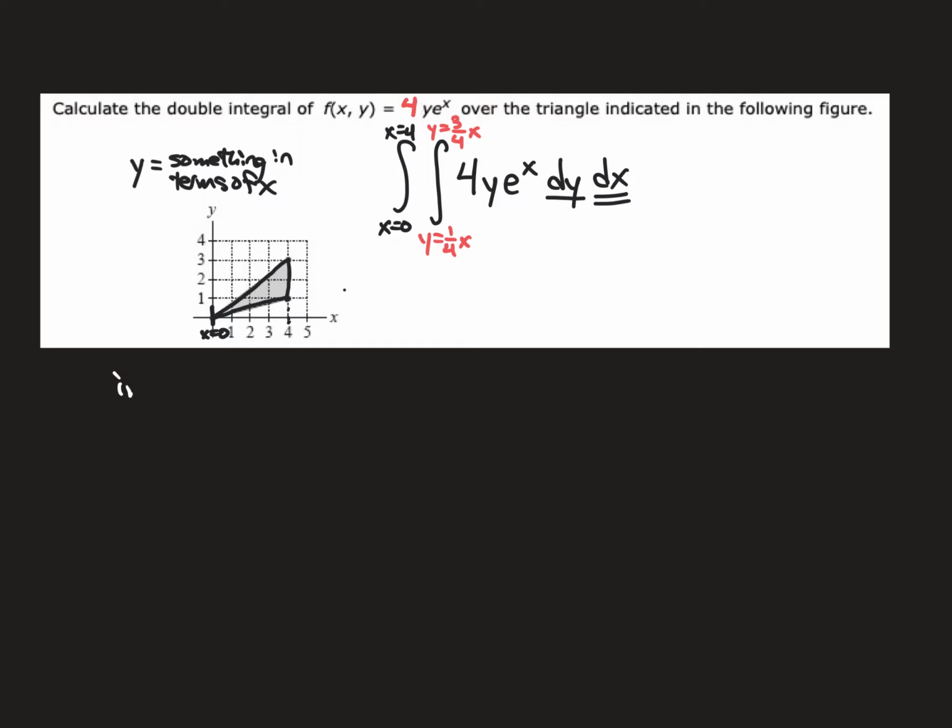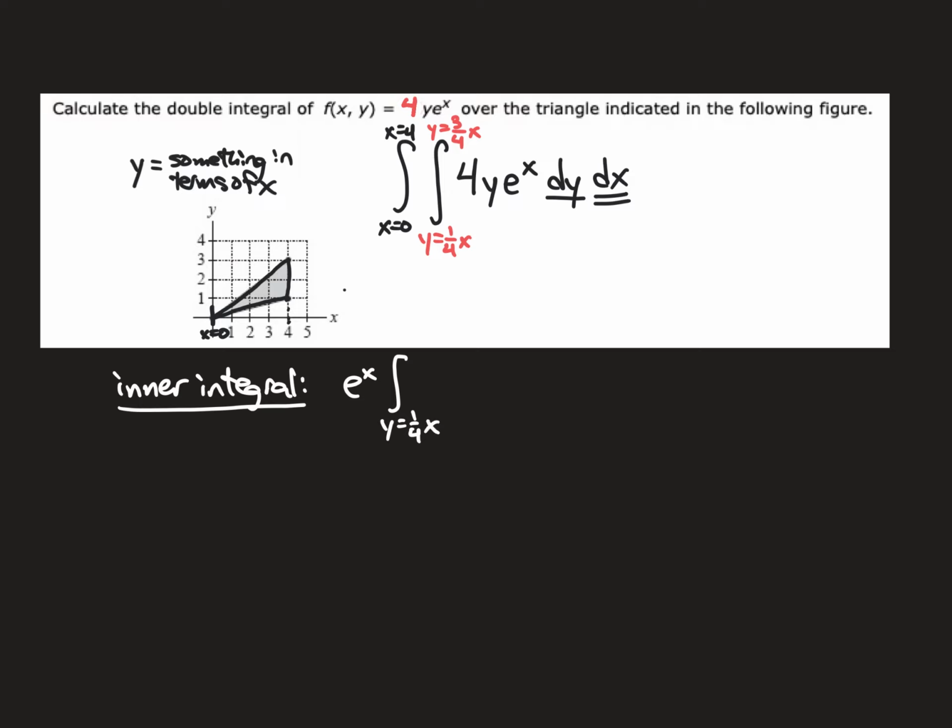Now let's take a look at evaluating our inner integral. Because it's with respect to y, I'm going to pull e to the x out front, because with respect to the inner integral, e to the x is just a constant.